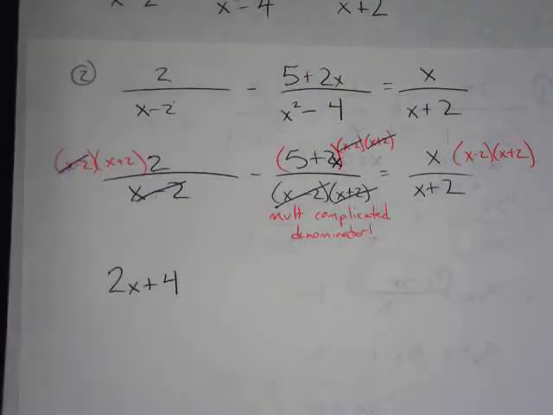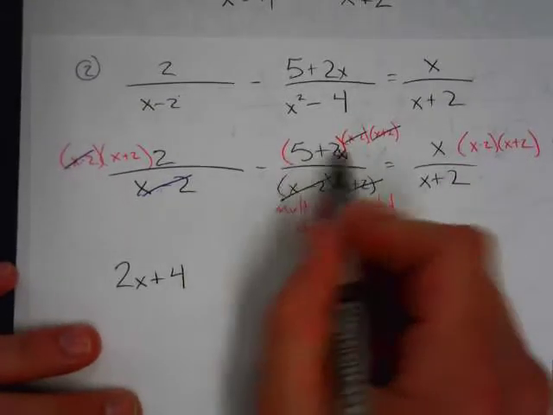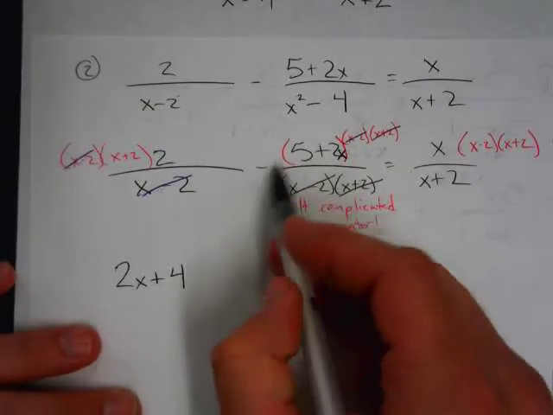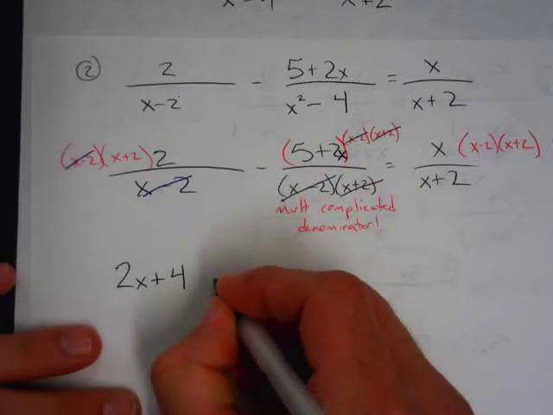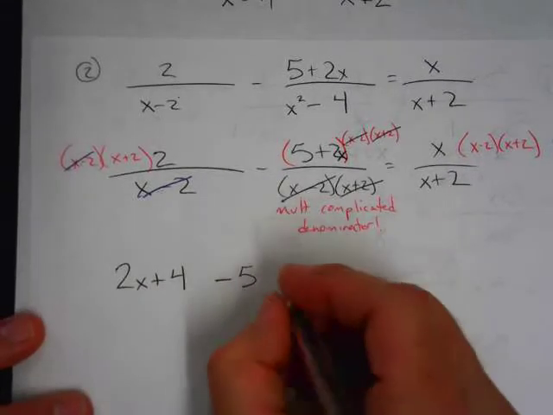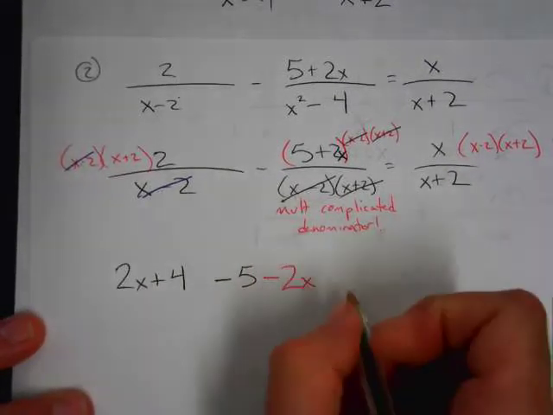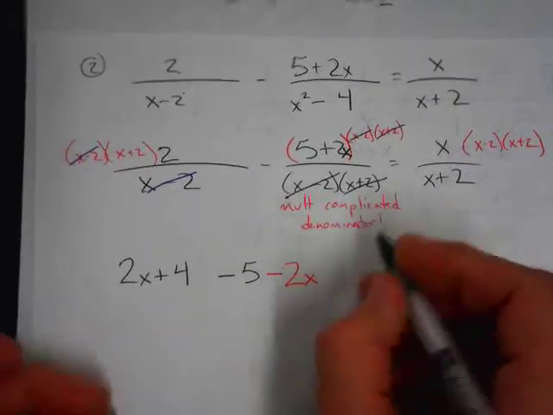So it's 5 plus 2x. So remember, I am subtracting that entire leftover numerator, so it's going to be a minus 2x. Fraction gone. Look at all these fractions disappearing.